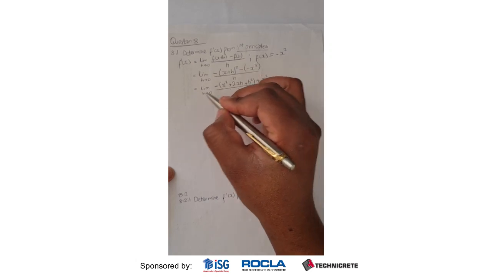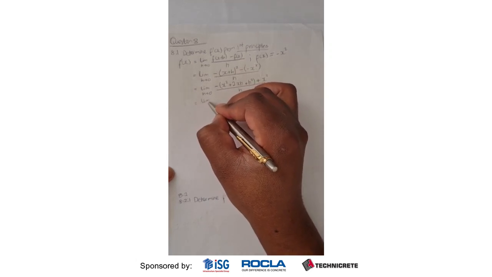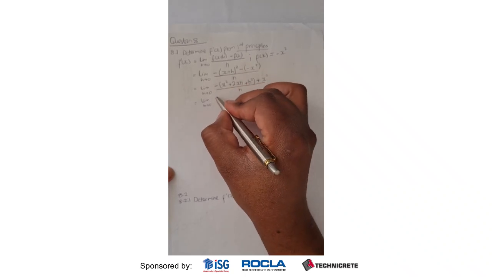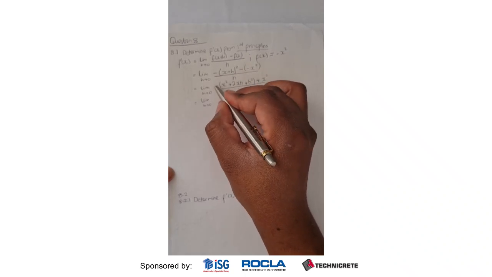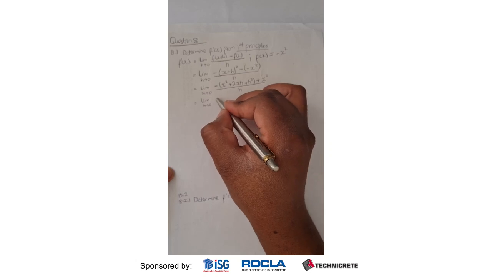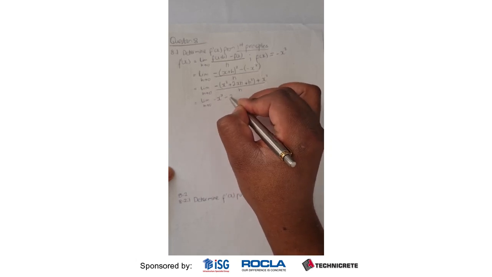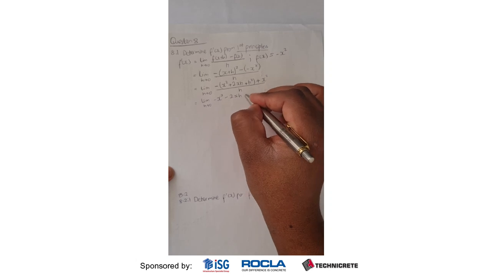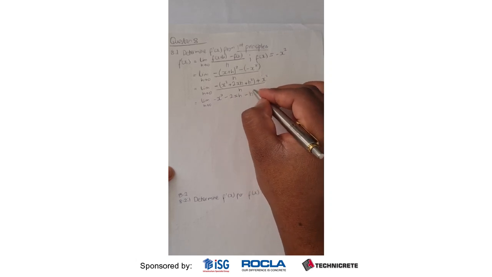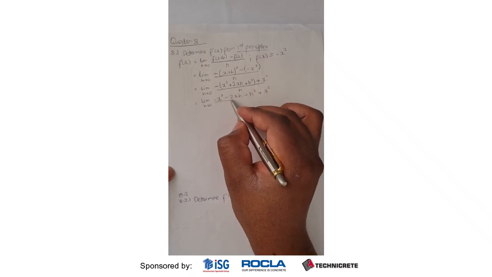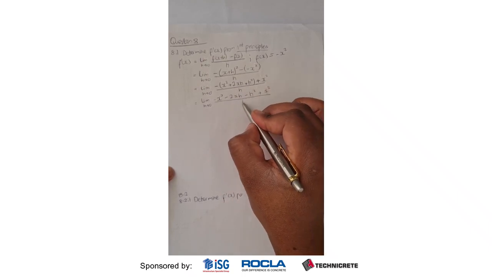We still have our h, and it's the limit as h tends to 0. Let's multiply out the negative into the bracket, then it becomes negative x squared minus 2xh minus h squared plus x squared, all over h.